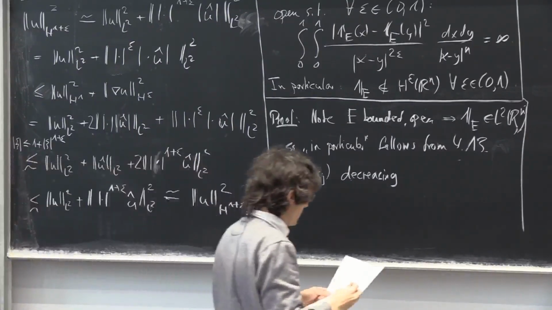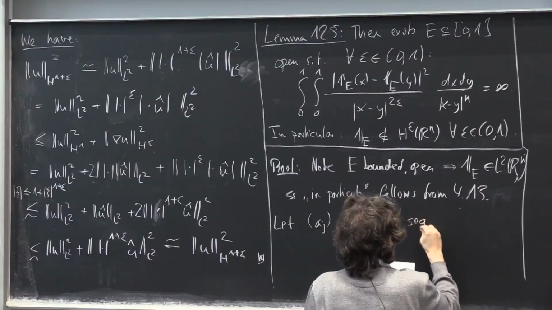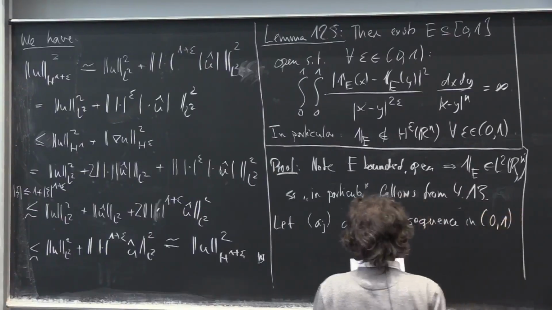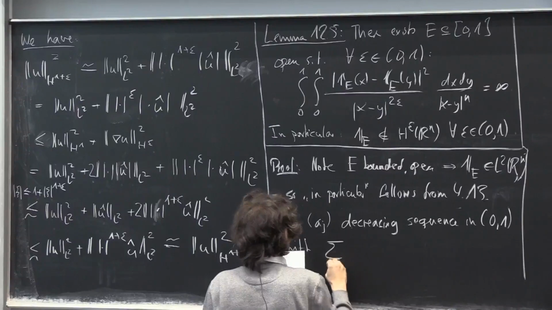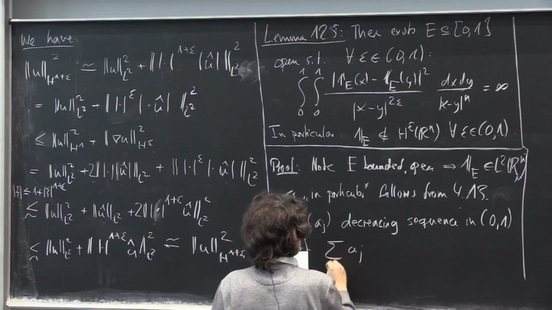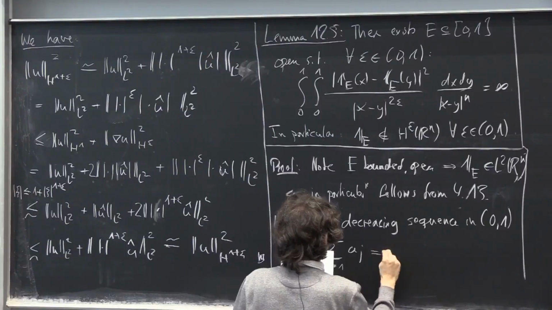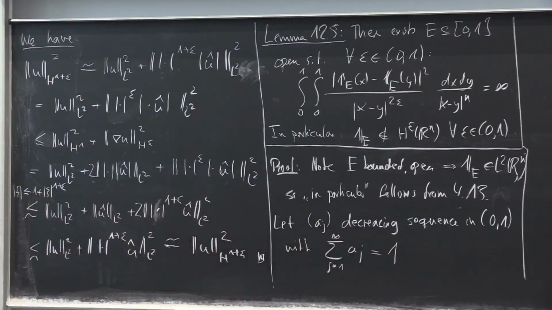But for the moment, let's take any decreasing sequence of numbers between 0 and 1 such that the series over a_j is convergent and the value of the series is 1.